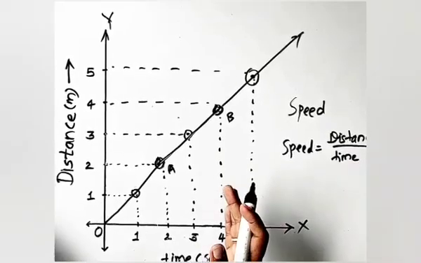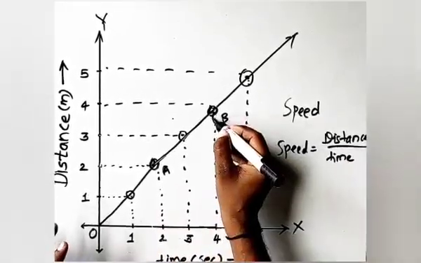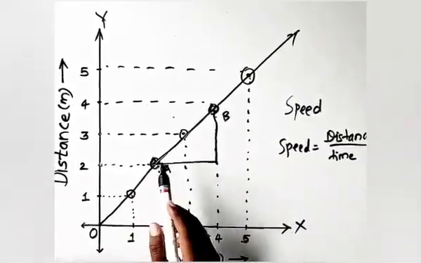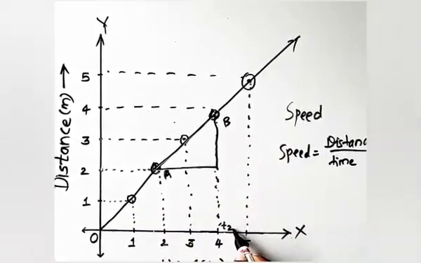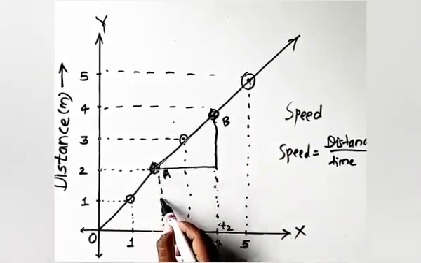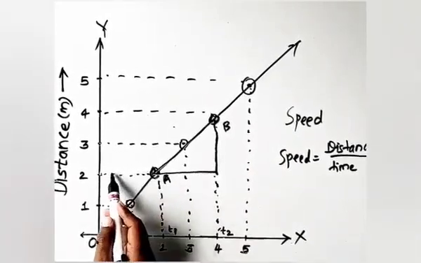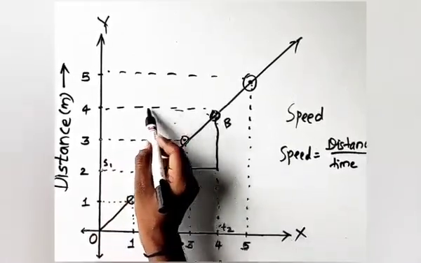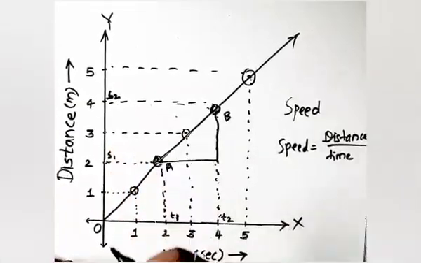But if we see the graphical way, we must find the slope of this line. Let's assume this point's time is t2 and this one is t1. This is the first distance, so say it s1, and this one is the second distance, so say it s2.